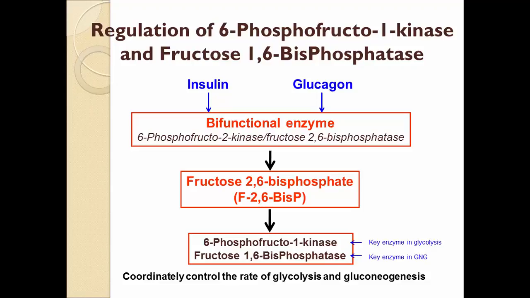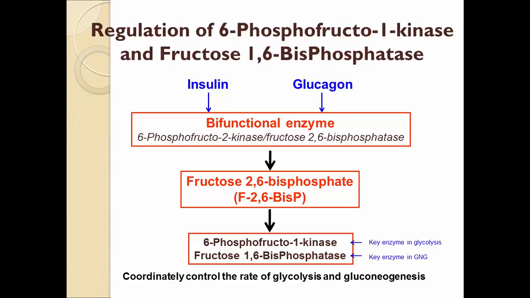So the bifunctional enzyme basically has two enzyme activities, phosphofructokinase 2 and fructose 2,6-bisphosphatase. These two work together to regulate production of fructose 2,6-bisphosphate. And bifunctional enzyme activity is directly regulated by insulin and glucagon.